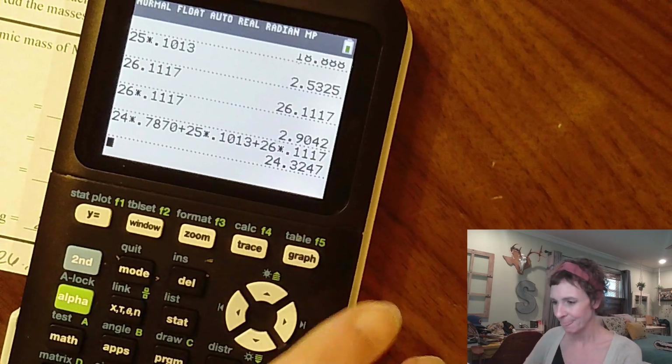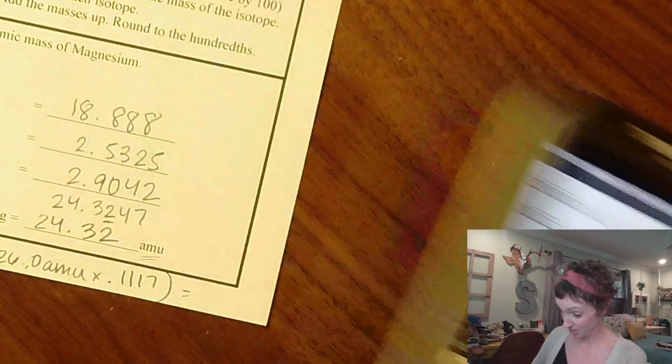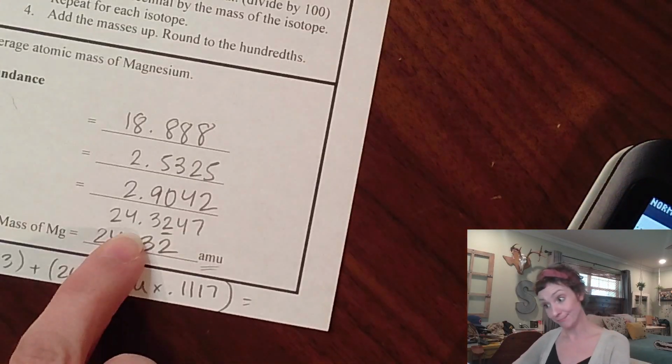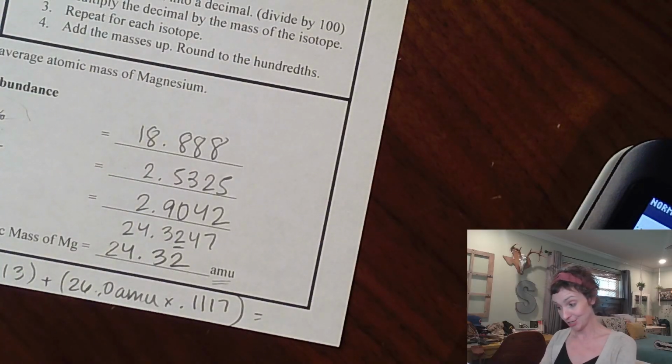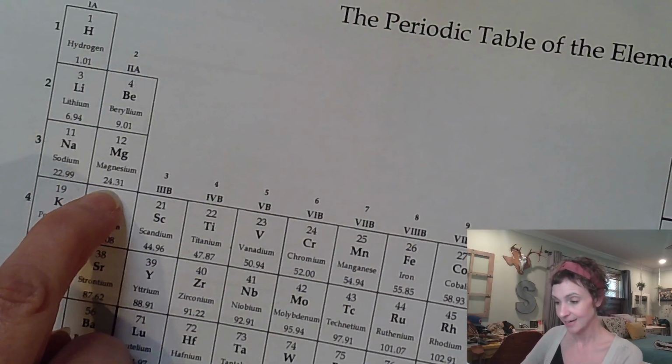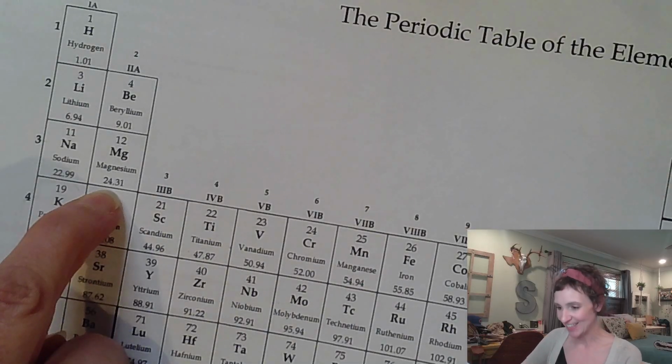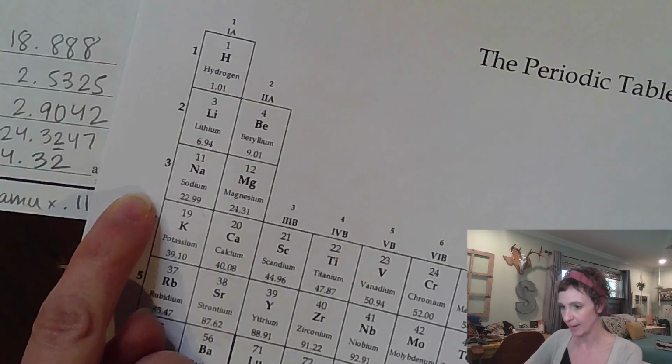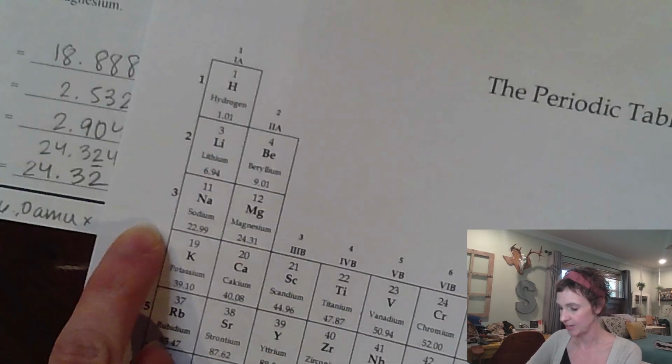And by the way, this should show the average atomic mass of magnesium. So you have a way to check your answers by finding these elements on your periodic table. And yeah, there it is. And granted, in creating these problems, there will be some slight discrepancies. So do not get real freaked out if you're like, oh, how was I off by a hundredth? That is not feeling good.